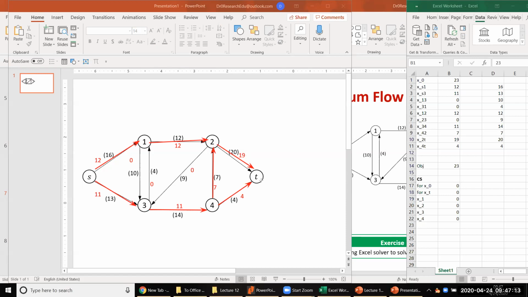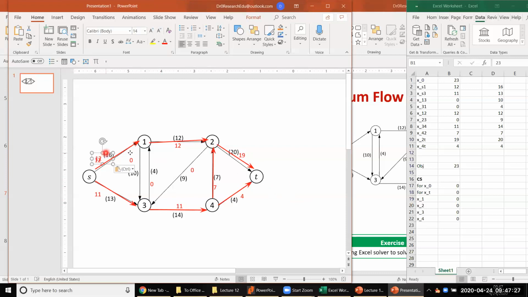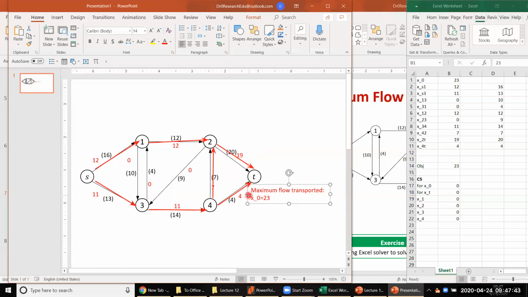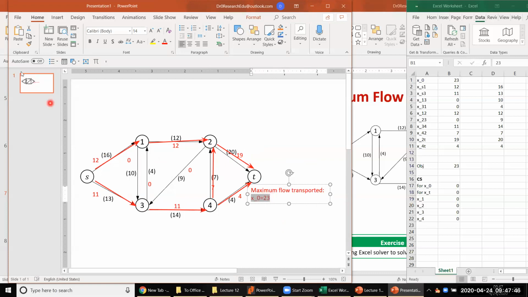And hence my final flow transported to T, let me directly copy and paste to make my life easier, the maximum flow transported will be X0 equal to 23. Here we go. And that's the solution to the problem.